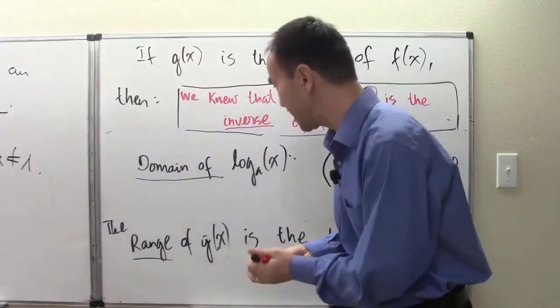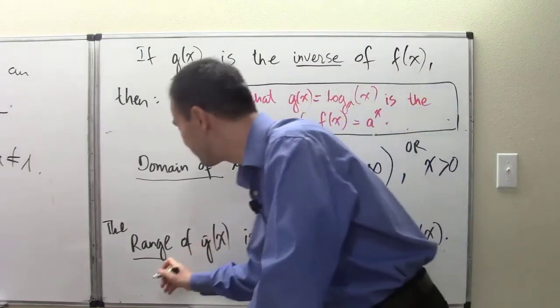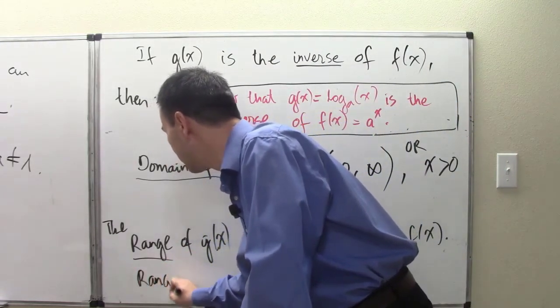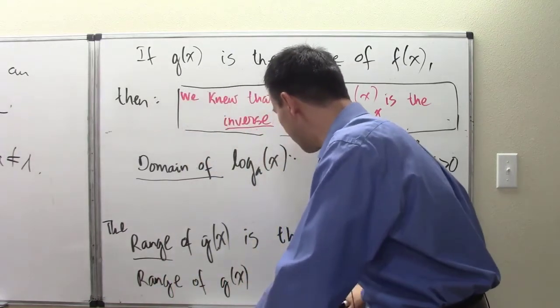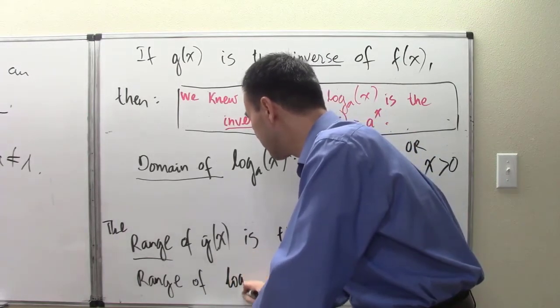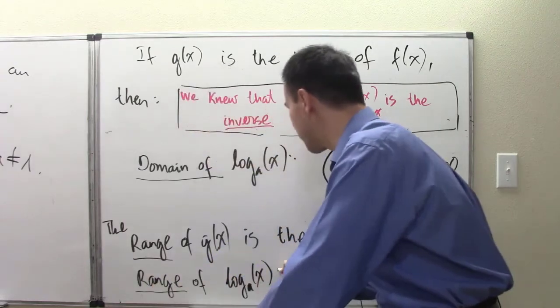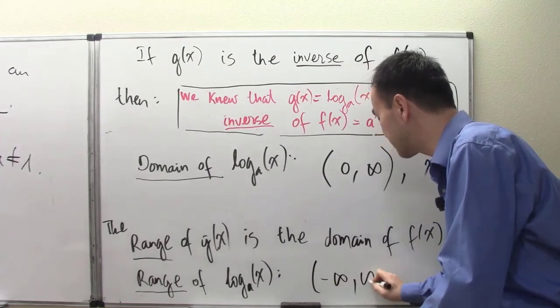And so in this case, important ultimate statement right here. The range of g of x, or the range of a function that is the simple log base a of x, is the interval anywhere between negative infinity and positive infinity.